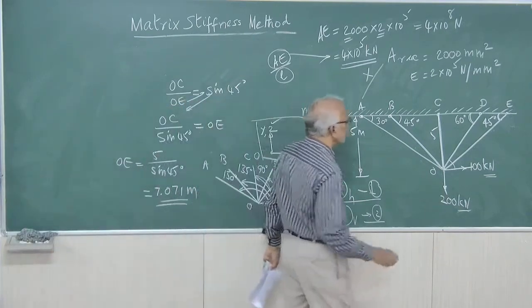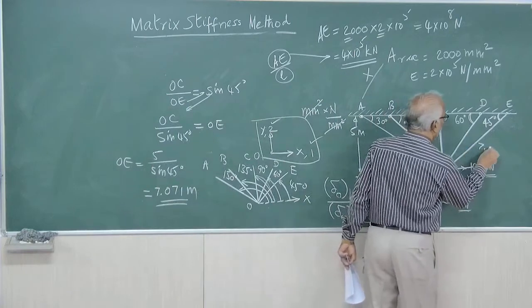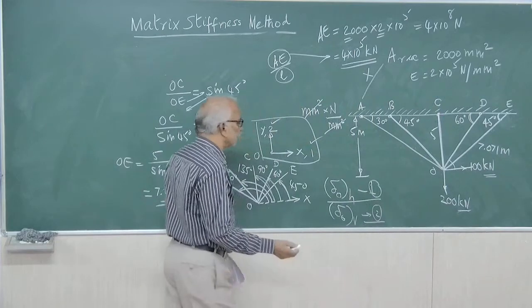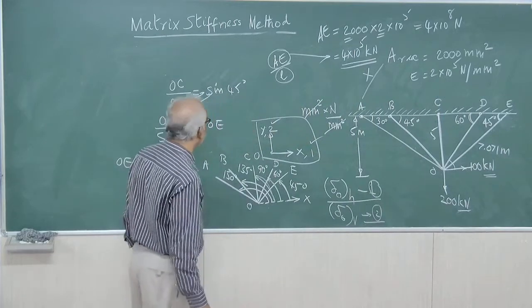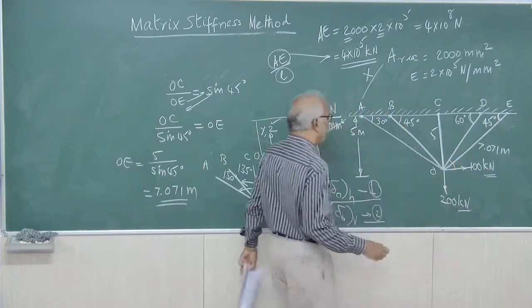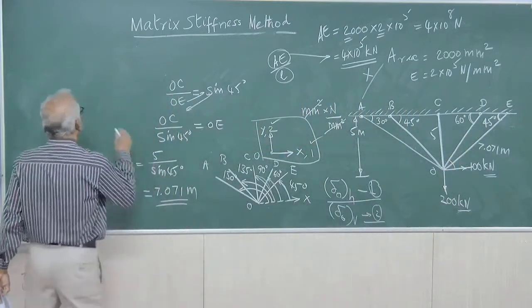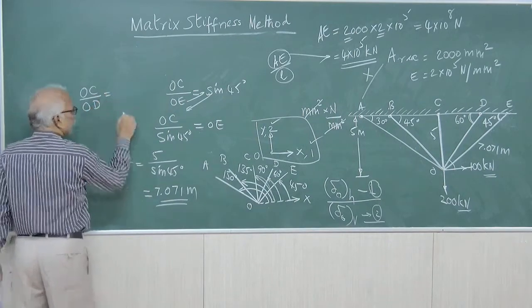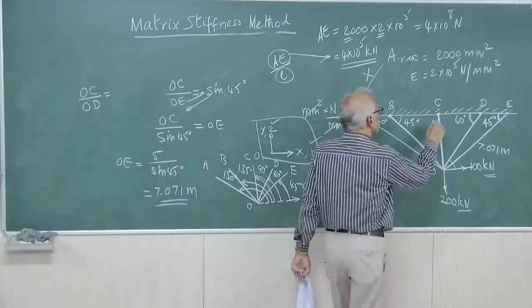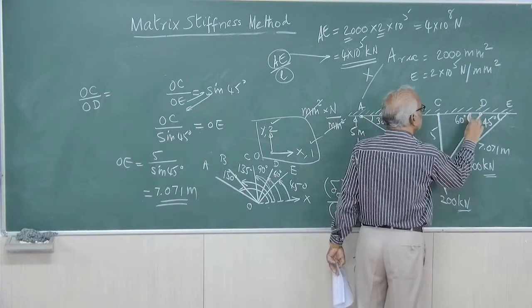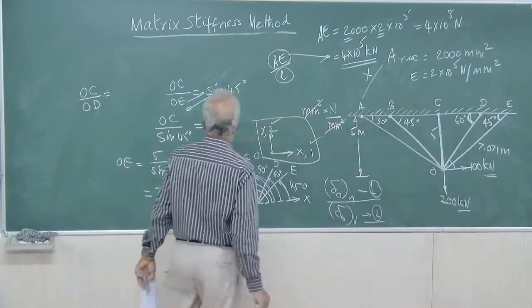This length is 7.071 meters. Similarly, we can find the value of OD. OC, the opposite side, by OD, the hypotenuse, equals sine 60.